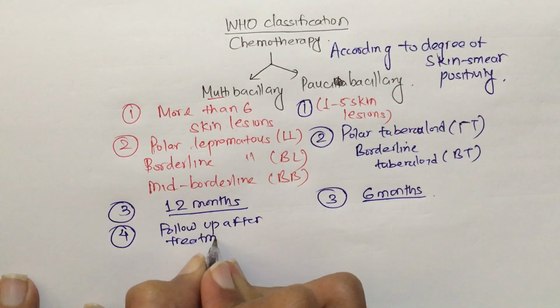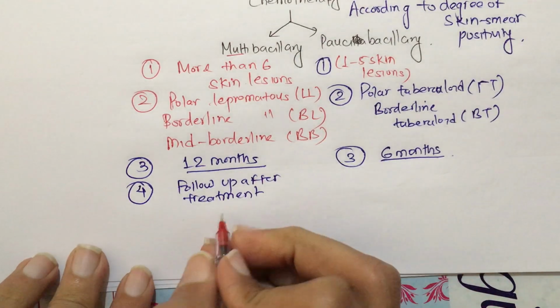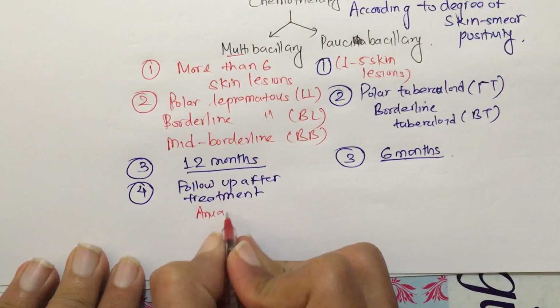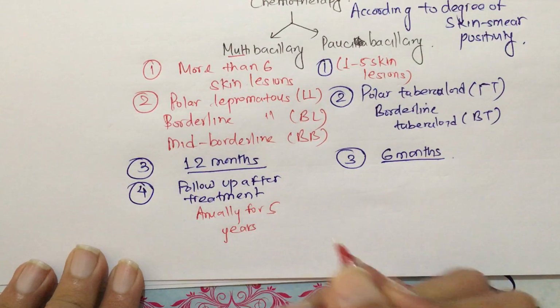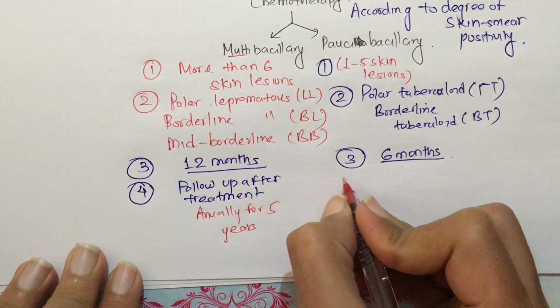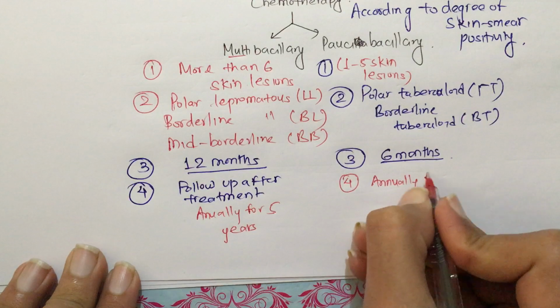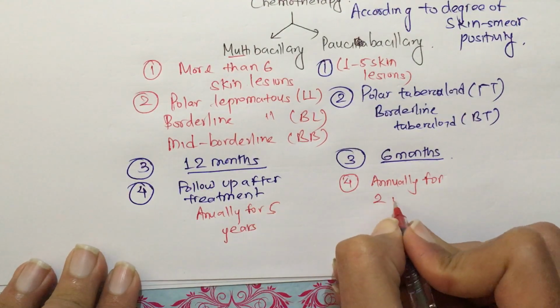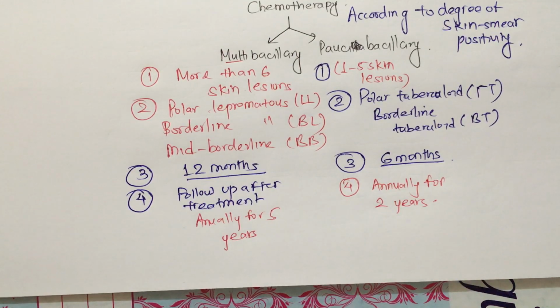In multibacillary, the patient should be followed annually for 5 years, and in paucibacillary annually for 2 years. These we will also discuss when we discuss the treatment.